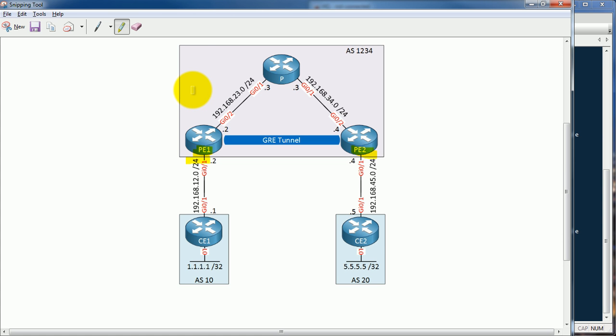Let me walk you through the entire configuration. C1, C2, P1 and P2.